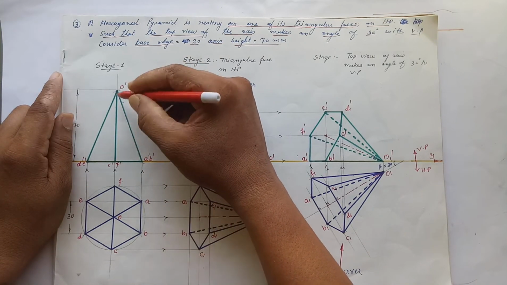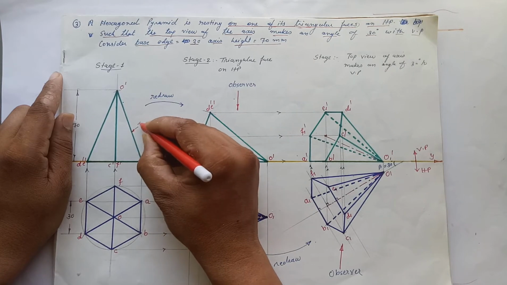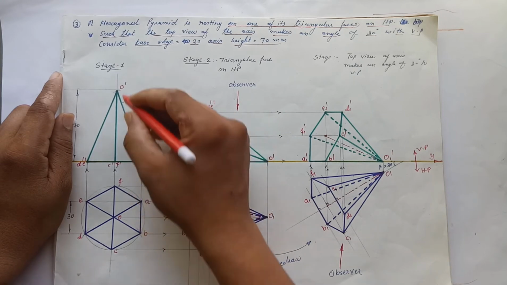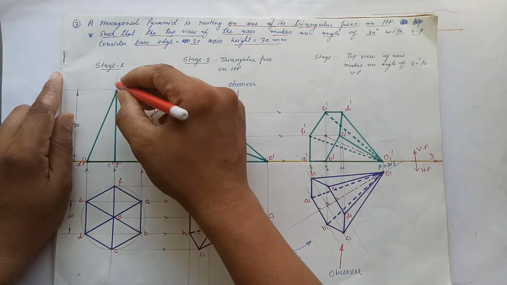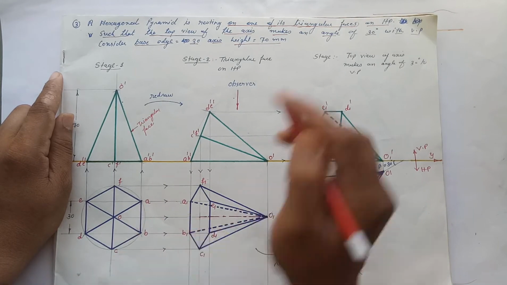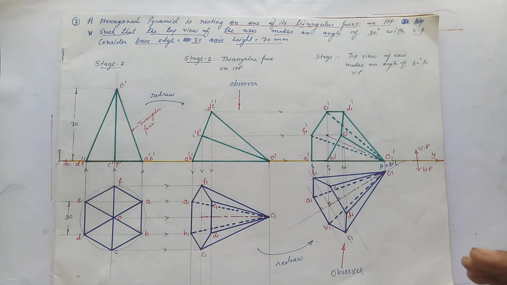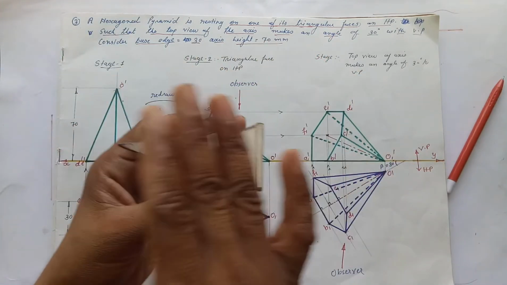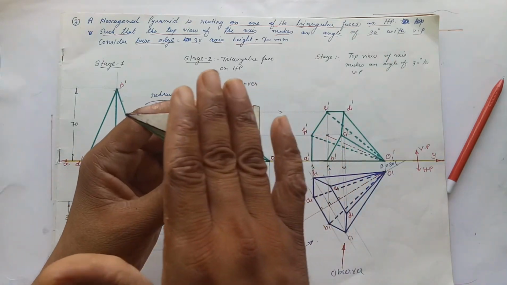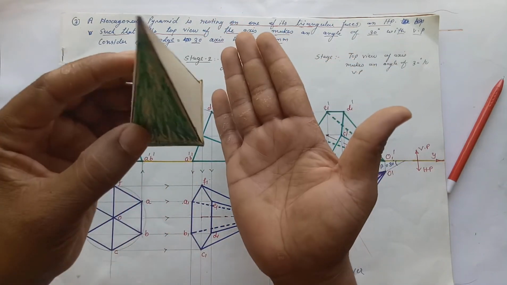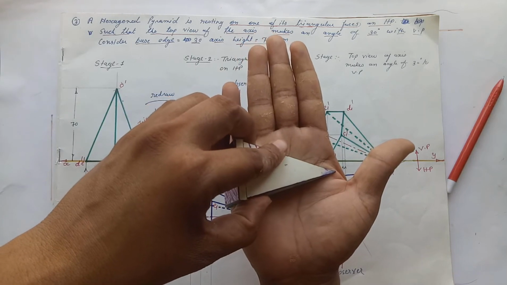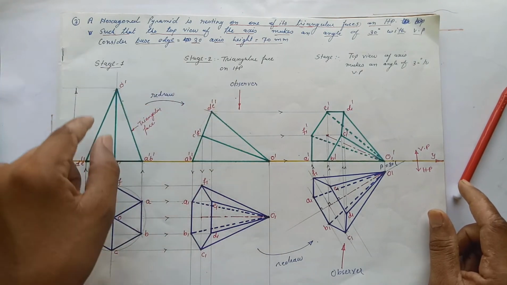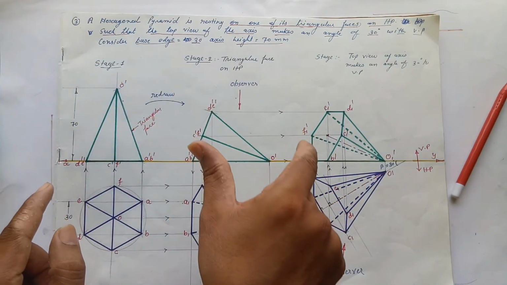Now in the first stage, if we discuss the elements of the pyramid, let us say that this is a triangular face OAB. So this is the elevation of the triangular face OAB, and here it is given as triangular face on HP. That means we have to draw this figure again by taking the triangular face on XY line.